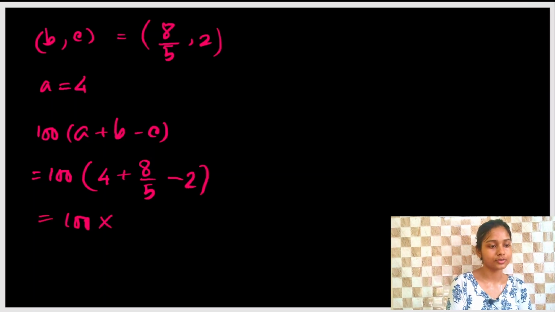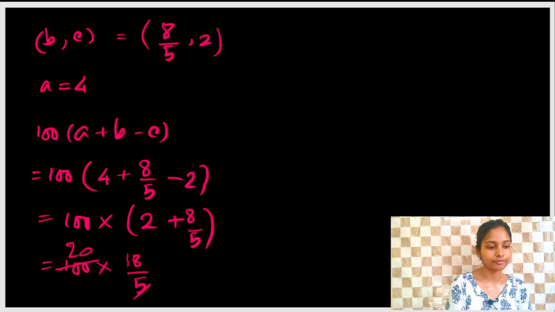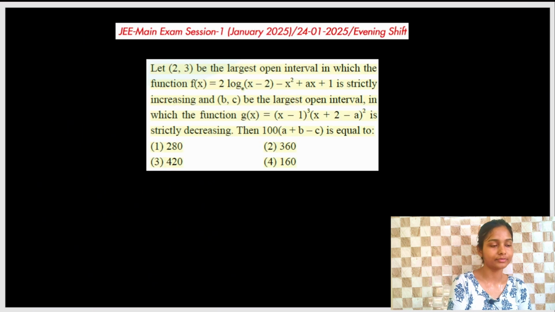This will give 100 into (2 plus 8 by 5). So 100 into 18 by 5. 5 and 100 will get cancelled out and we have 360.